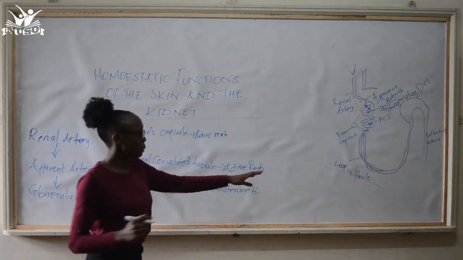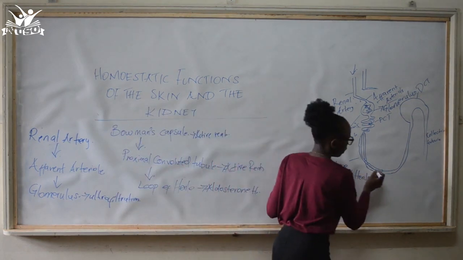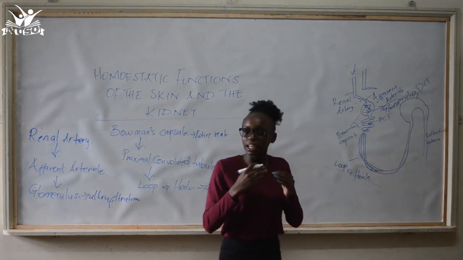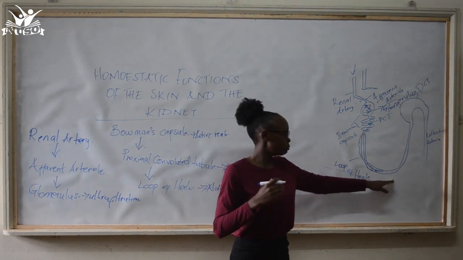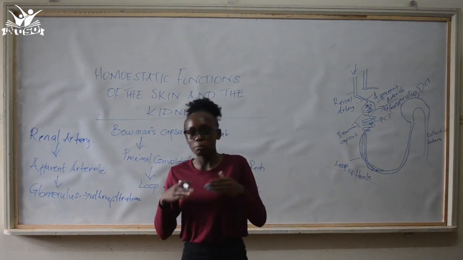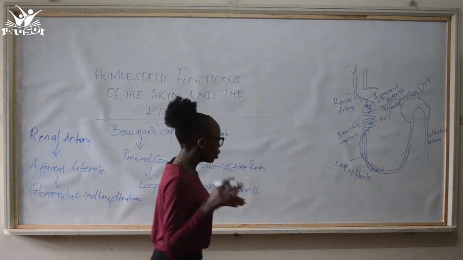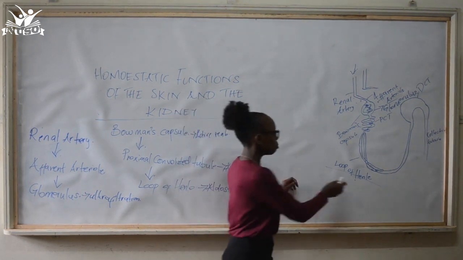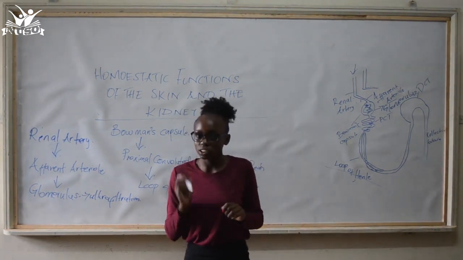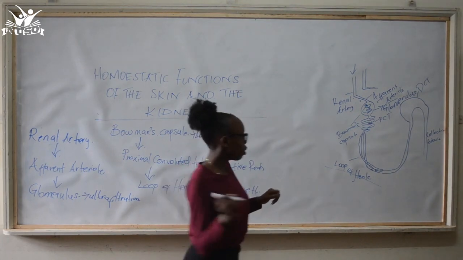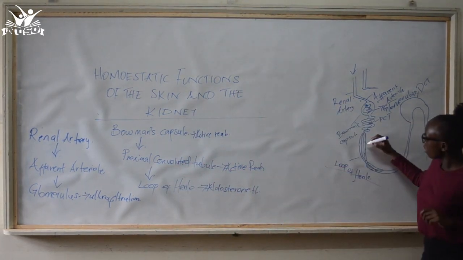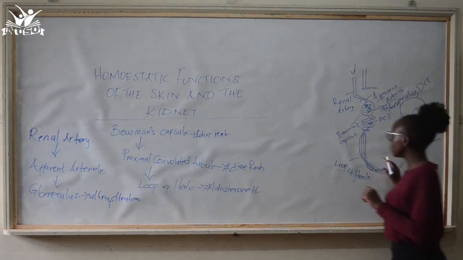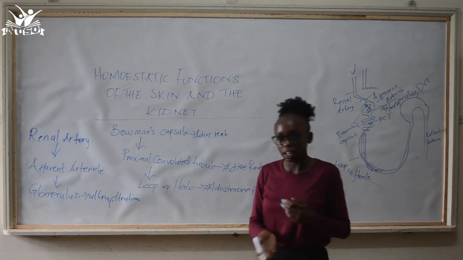This hormone makes the wall of the loop of Henle selectively permeable to sodium salts, and these sodium salts are therefore reabsorbed back to the blood. Another process that occurs in the loop of Henle is the countercurrent flow. In the countercurrent flow, blood flows in one direction and water flows in a different direction.